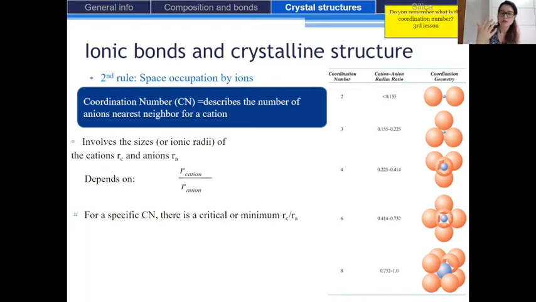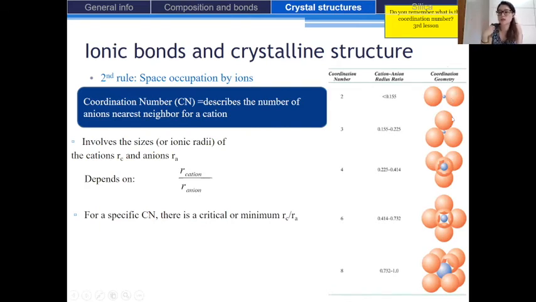So first, we determine this ratio of the radius of the cation divided by the radius of the anion. And depending on the specific value of this ratio, we should have a look at the table presented on this slide, which will give us the coordination number. For example, for a cation and anion radius ratio lower than 0.155, the coordination number is 2. What is the coordination geometry? It is represented in the right column of this table.